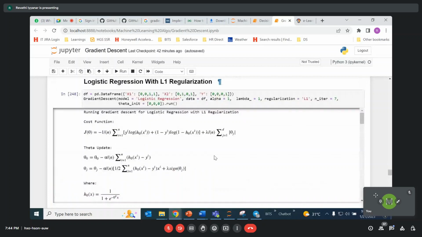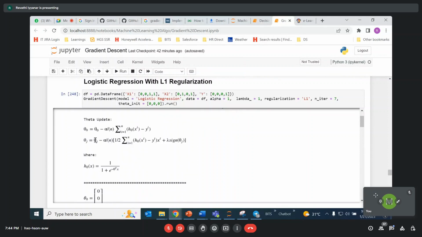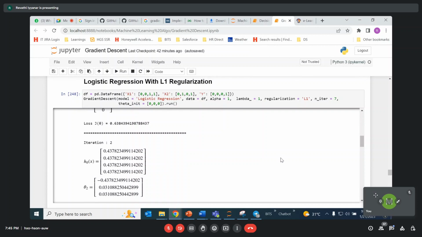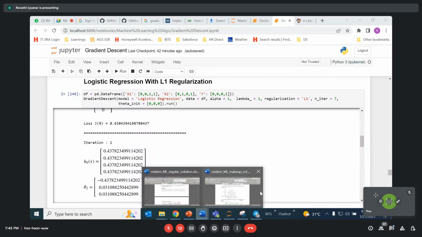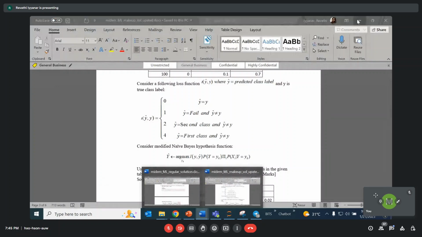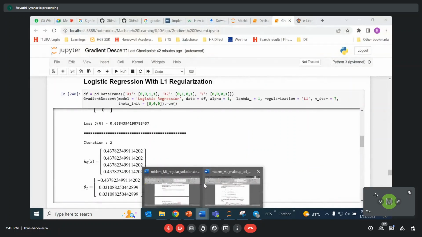Do you want to cover L1 regularization? It's a different formula, right? Even here, theta naught has no modification. L1 or L2 will be specified in the question, right? Yes.